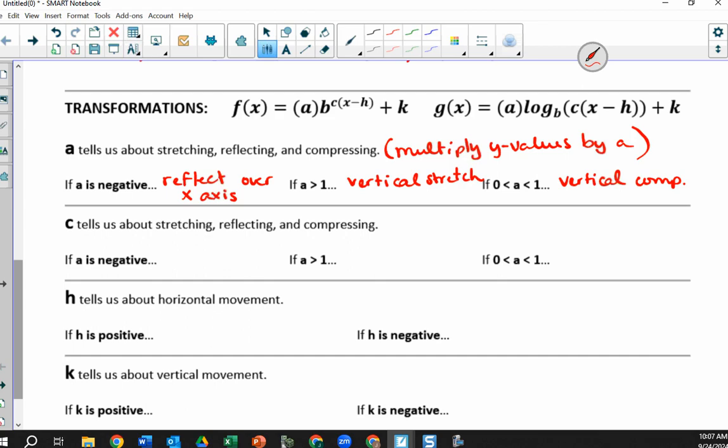The x values, yes. So it should say if C is negative. Guys, change this to a C right there. And if C is greater than 1, make those C's for me, okay? So if C is negative, you're going to reflect, but this time over the y-axis.